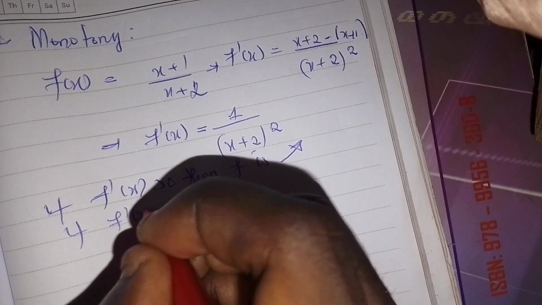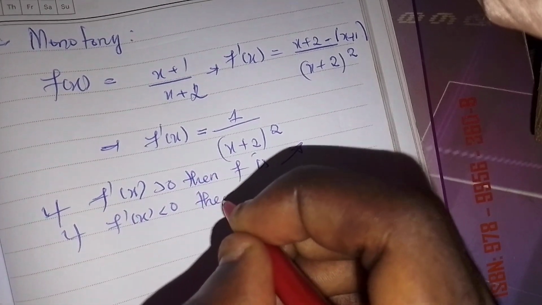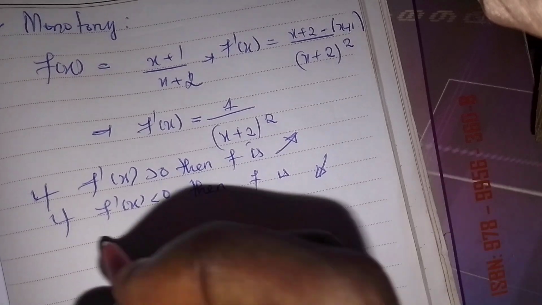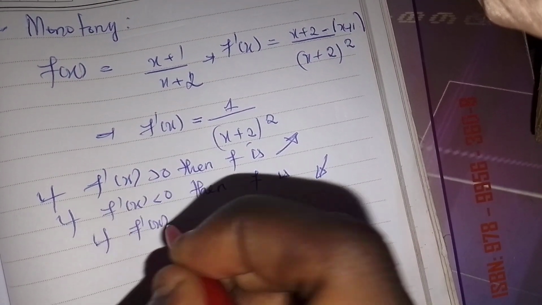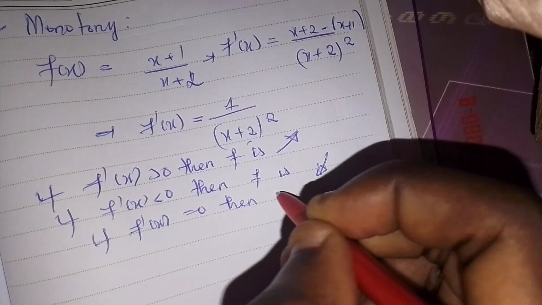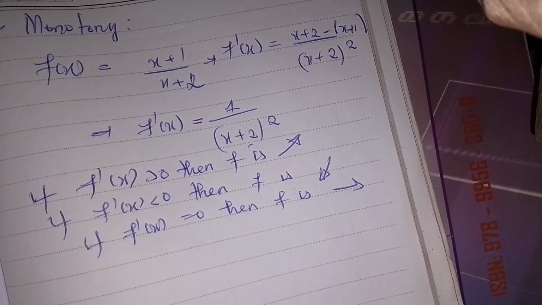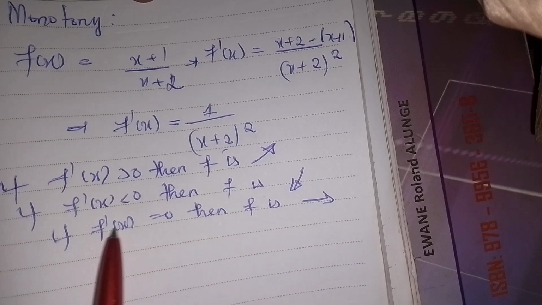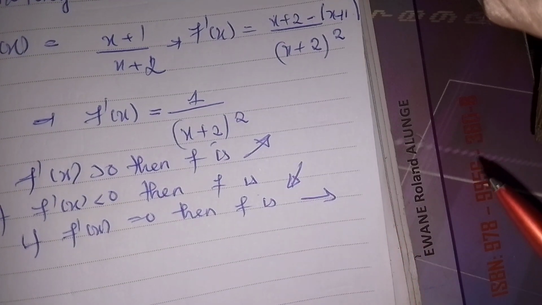If f prime of x is less than 0, then f is strictly decreasing. Alright, now if f prime of x is equal to 0, then f is constant. Okay, so when you're constant, we now find the turning point.